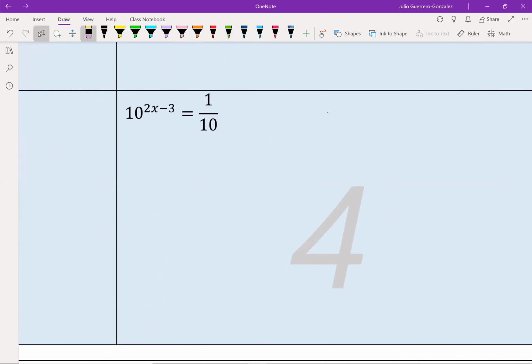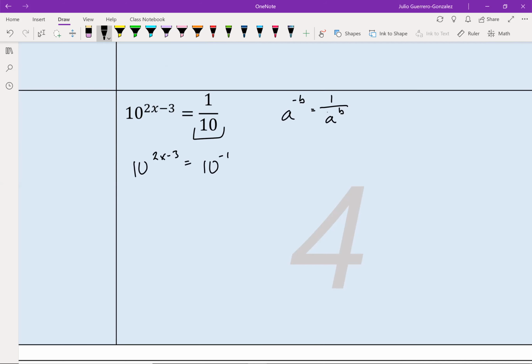Next one. This one's the one that I think probably tripped up people. This one's the one that's got to change. What's this equal to? 10 to the negative 1. Yup. 10 to the 2x minus 3 is equal to 10 to the negative 1. So the one that we use there is b to the negative a equals 1 over b to the a.